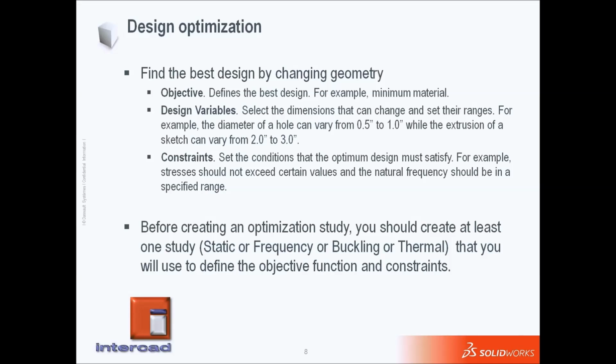The main difference between design optimization and design exploration is we have to define a goal, an objective, where a very common one in a static analysis is to minimize the material. We also have design variables, where it could be loading or any dimensions.